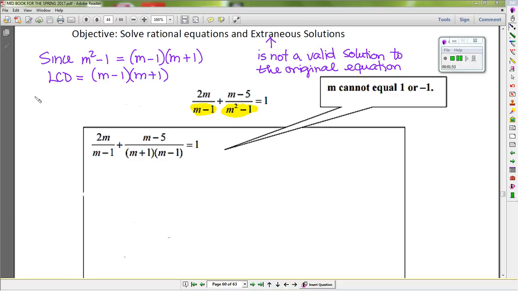So therefore I can set the restriction for my domain: m minus 1 times m plus 1 cannot be equal to 0.